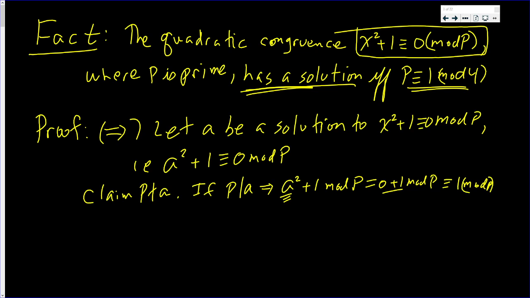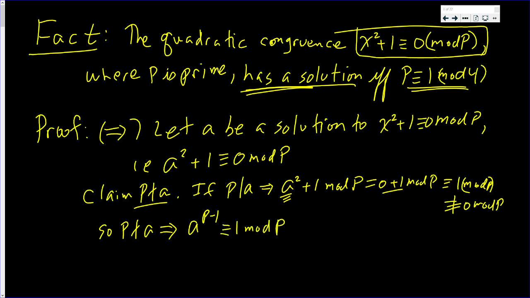But we want it to equal 0 mod p, and it doesn't. So p must not divide a. And p is prime, and p doesn't divide a. By Fermat's little theorem, a to the p minus 1 is congruent to 1 mod p.